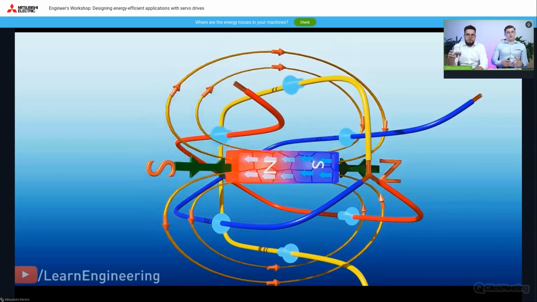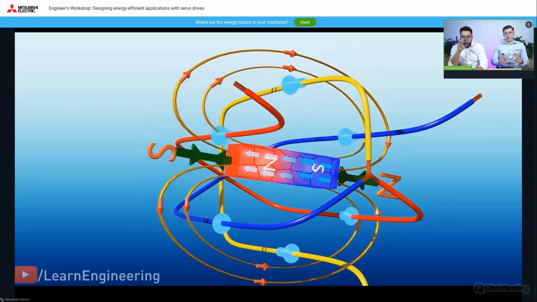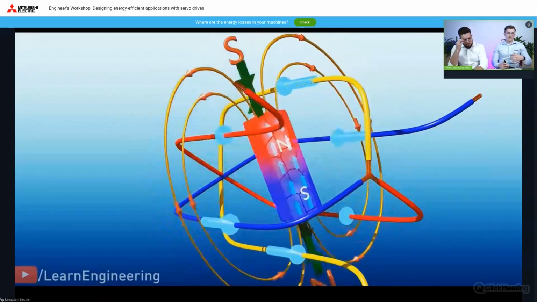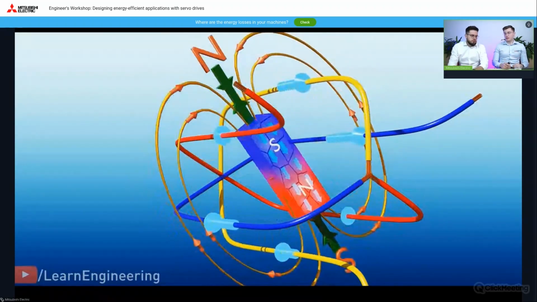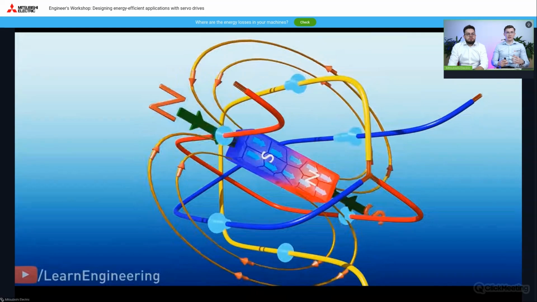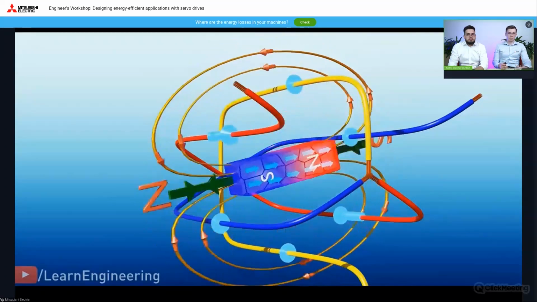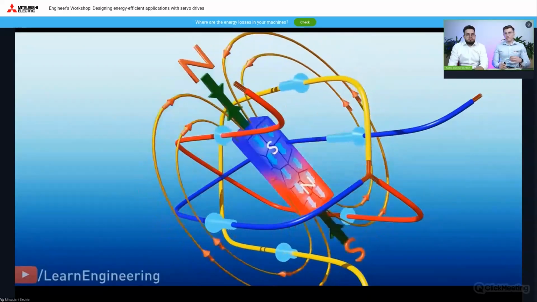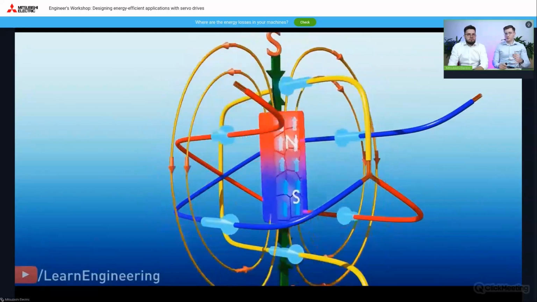Regenerative energy is generated by the phenomenon of electromagnetic induction. It is induced by changes in the magnetic field. That is, at the moment of braking, the load pulls the rotor, and the rotating rotor generates energy as in this animation. So to sum it up in the simplest terms, the motor becomes a generator.